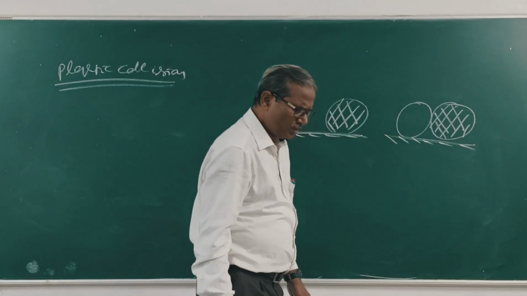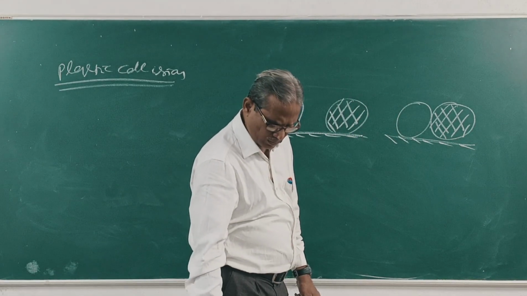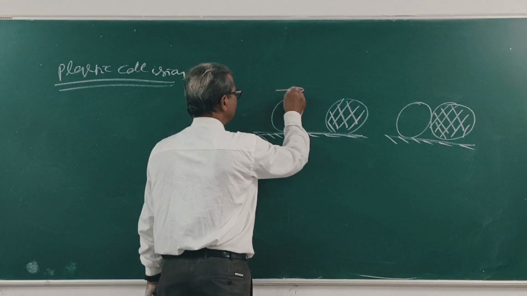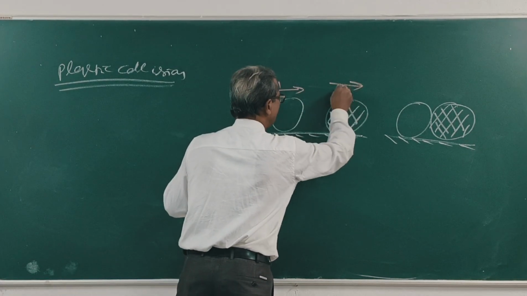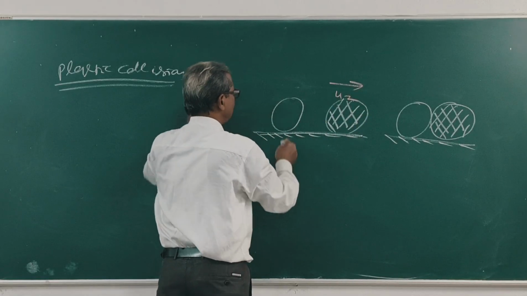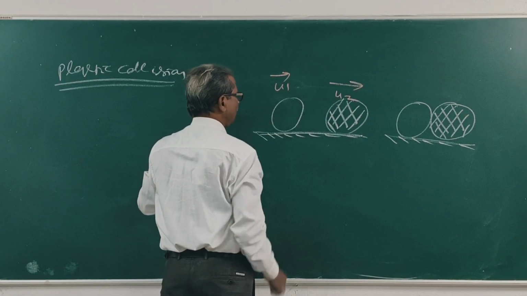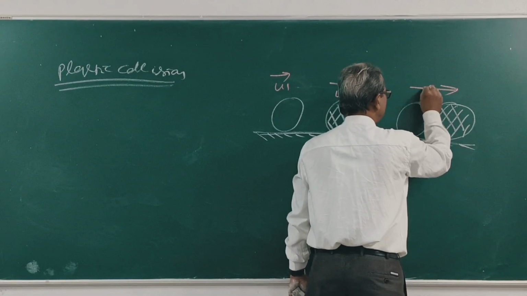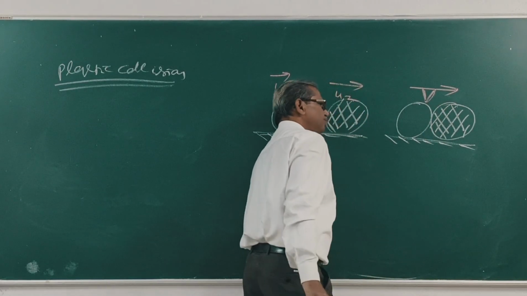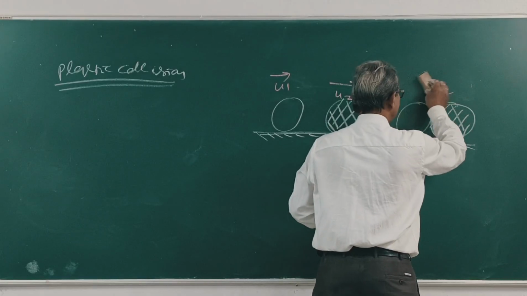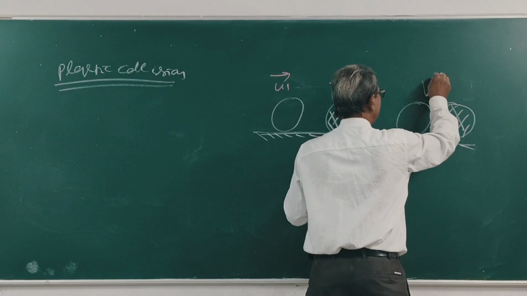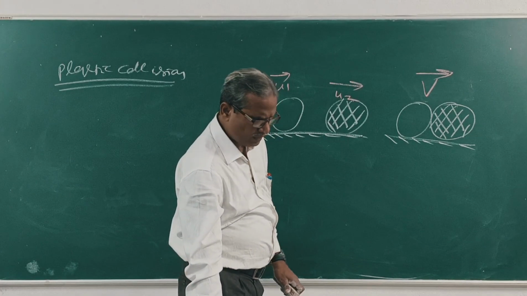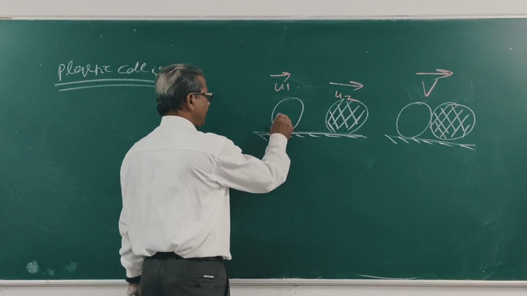Before collision, its velocities are u1 and u2, and masses m1 and m2.